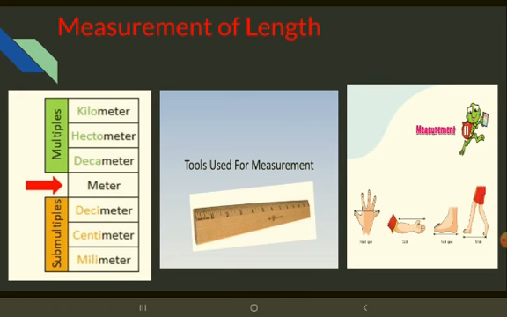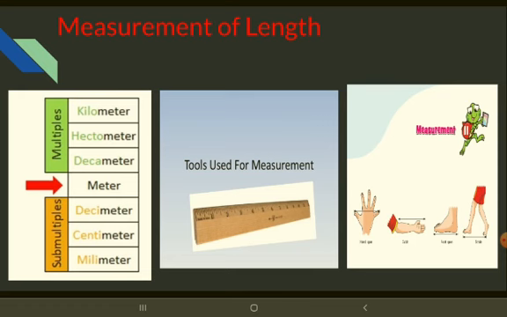Smaller lengths are measured in centimeters. Small lengths like pencils, a comb, or thread we measure with a ruler, in centimeters or millimeters. Long distances are measured in kilometers. So listen, children: small distances in centimeters or millimeters, long distances in kilometers.